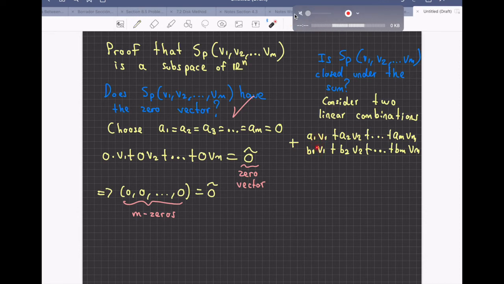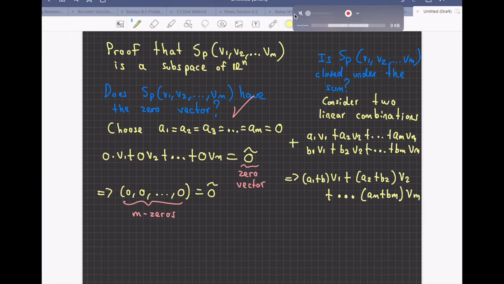This is one property from vector spaces. So the sum gives A1 plus C1 times B1 plus A2 plus C2 times B2 plus, and so on up to AM plus CM times BM.